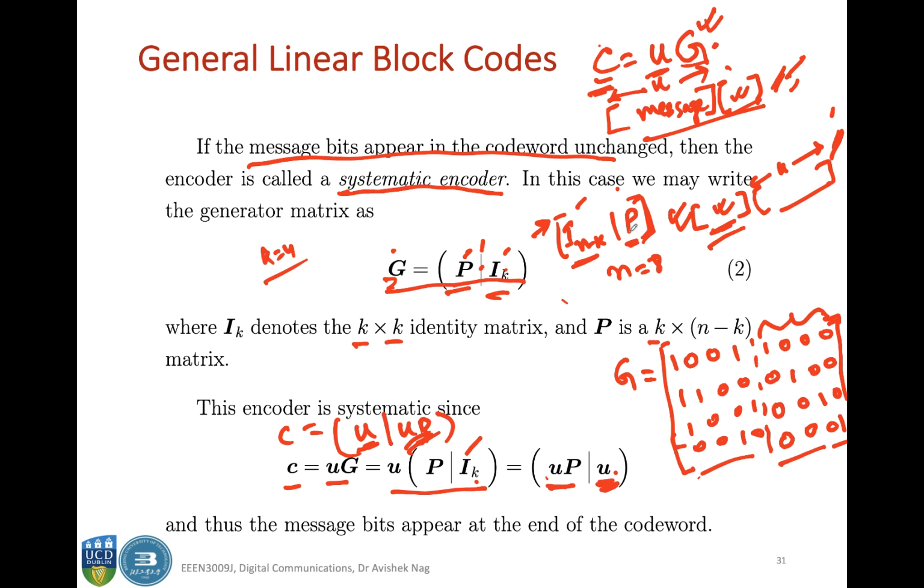In my lectures I will use the form that is printed here, but you will find in some other textbooks or other material on the internet, you might find this approach also. Oh, by the way, this will be P transpose, okay. This is I n minus k and this is P transpose, okay.